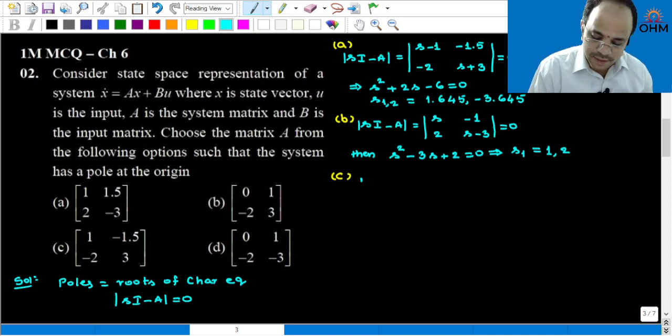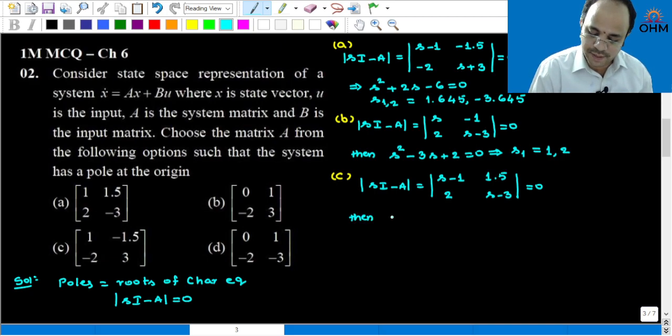Next one. For option C, by checking the determinant of sI minus A, what you will get? s minus 1, 1.5, 2, s minus 3 is equal to 0. Then it will give you s square minus 4s plus 3 minus 3, hence the 3 cancels, is equal to 0.